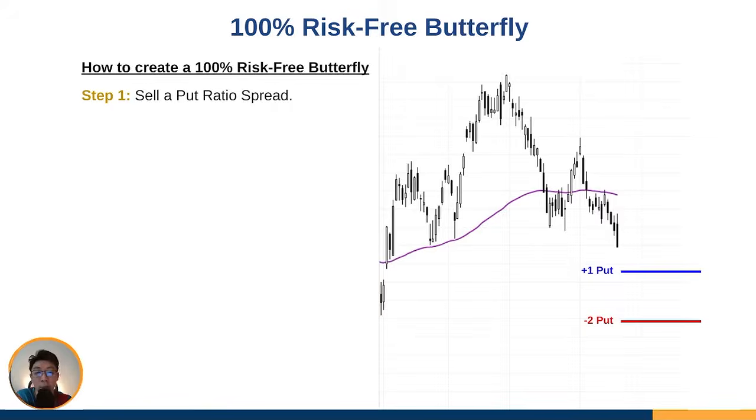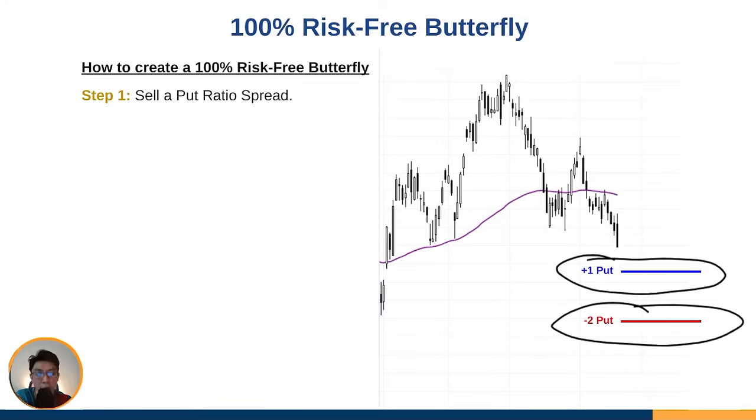And if you're not familiar with what the put ratio spread is, it's basically just two short puts that are very far out of the money and one nearer long put option, slightly closer to where the market is, right? So if you want to think of it in a much easier way, imagine this: two short puts, you split them up.